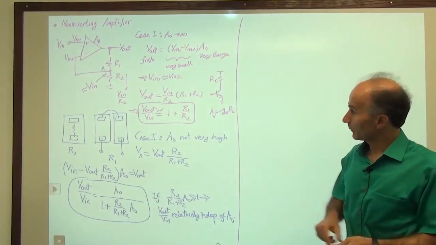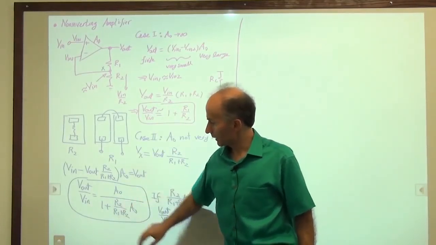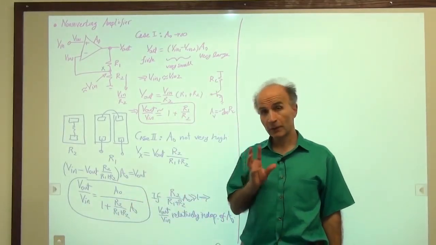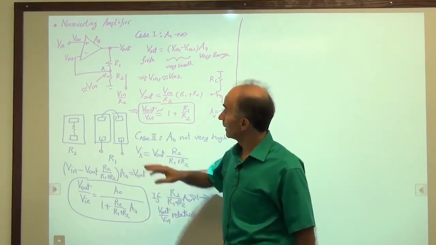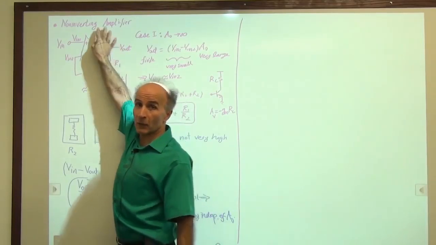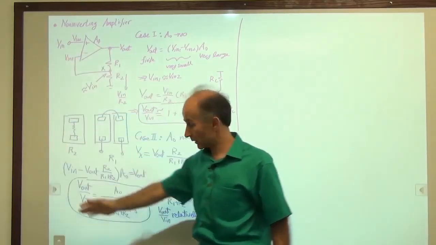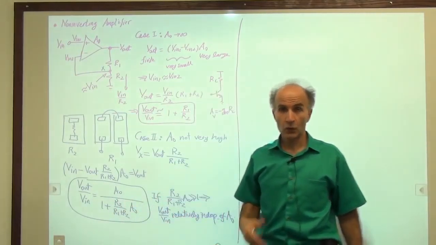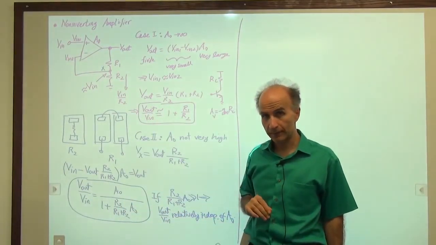All right, now when we are playing with these types of equations, especially this equation here, there could be a bit of confusion. We have two types of amplifiers here. We have the op-amp itself with the gain of A0, and then we have this whole monster with the gain of Vout over Vin equal to this expression. So anytime I say the gain, which gain am I referring to?